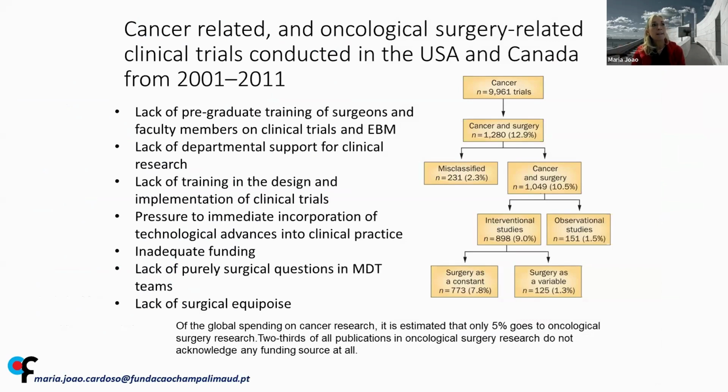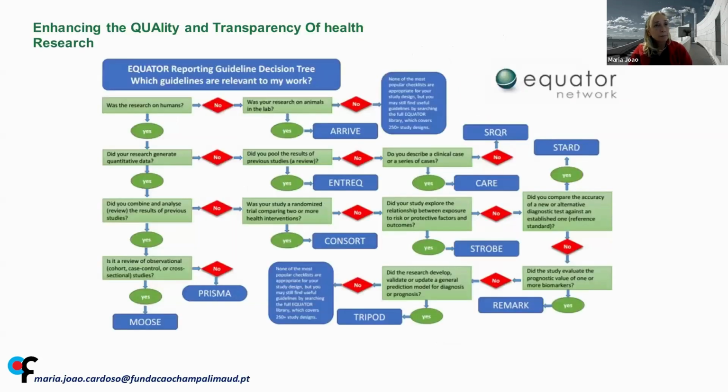We know that surgical research has been improving, but we still have a very different comparison with the medical oncology trials that have huge impact on research, and we have several problems in the managing of research, the inclusion of patients and the type of surgical intervention that we have.